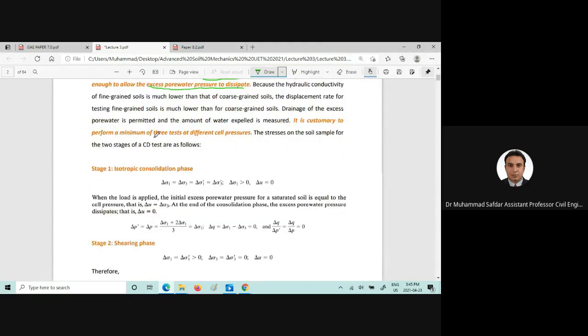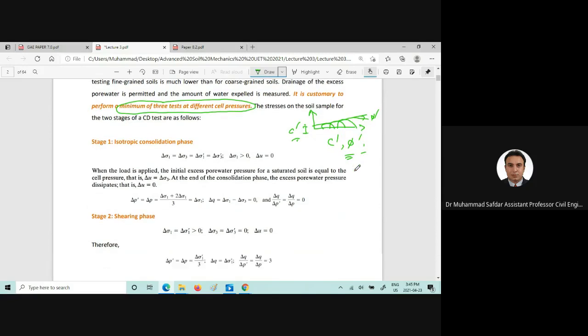Now, you need to perform at least 3 tests so that you can draw the Mohr circles, and then you can find out the best fit line to find the cohesion and friction angle, or the effective strength parameters.